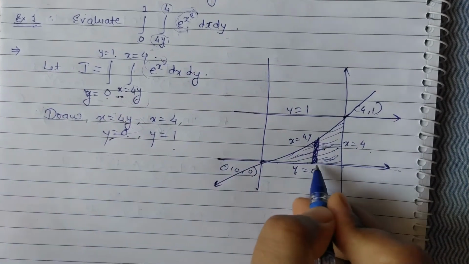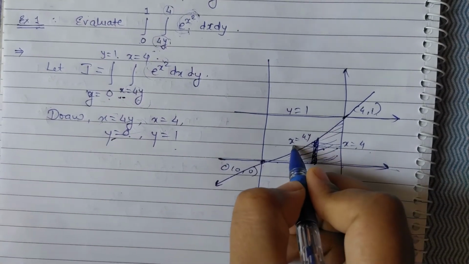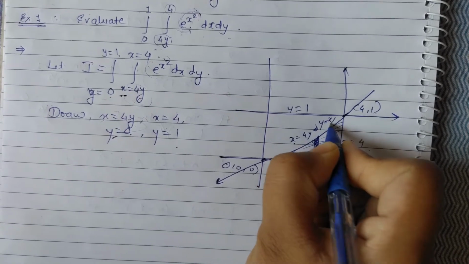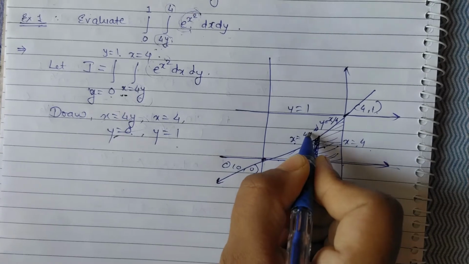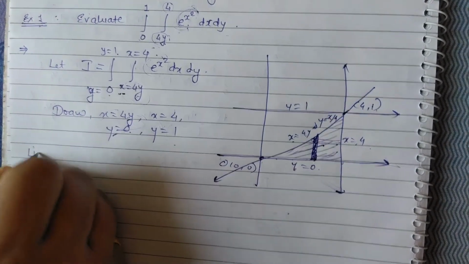Now, x is equal to 4y means y is equal to x by 4, correct? So change the limits.